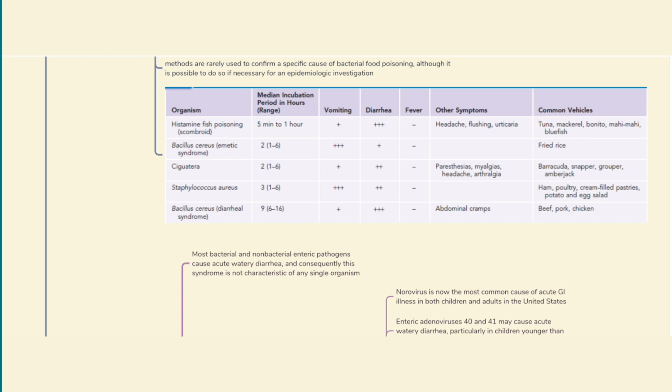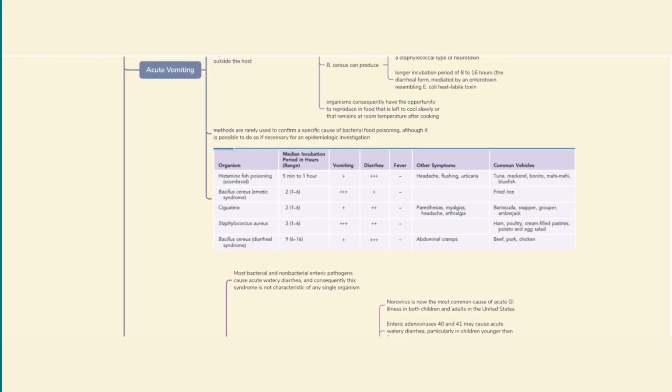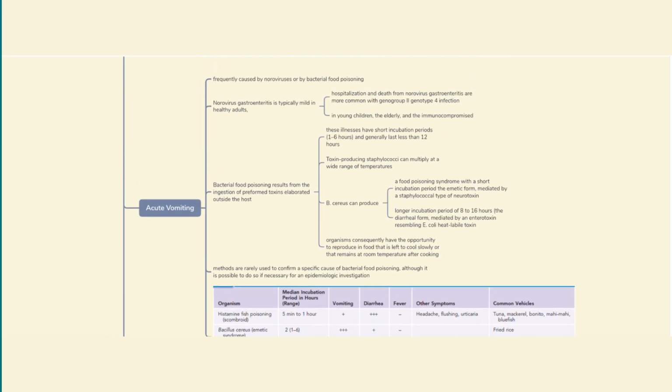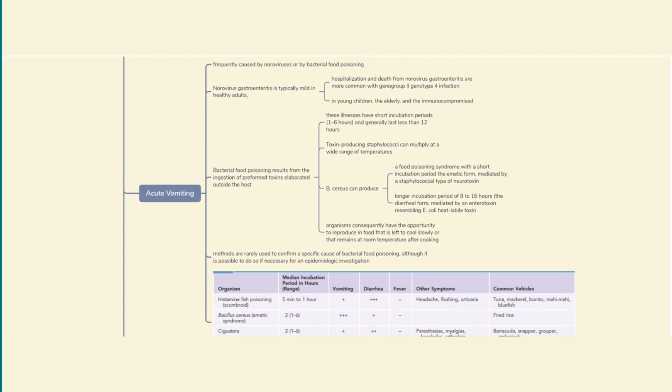It's easier to remember because this toxin is really close to the E. coli toxin, and that's why it will have an incubation period closer to the E. coli incubation period, and a vehicle, which is beef, pork, and chicken, that is also similar to the E. coli vehicle. And this is the acute vomiting syndrome.